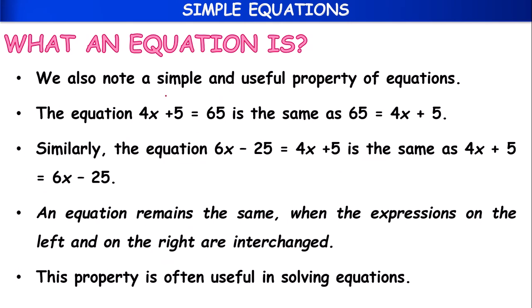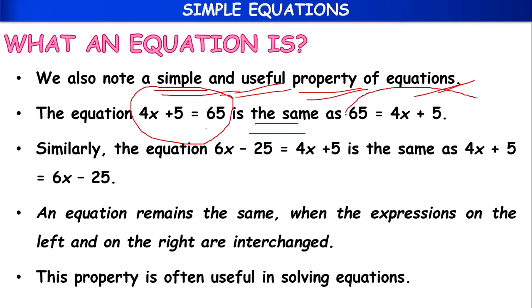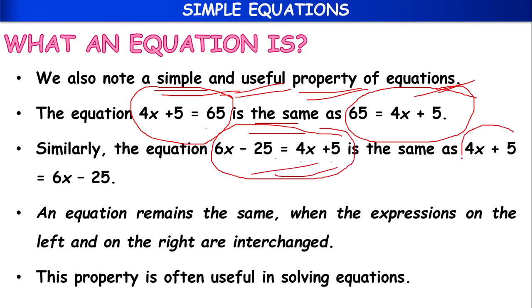So we will come across some simple and useful property of equations here. Suppose the equation 4x plus 5 equal to 65 is same as 65 equal to 4x plus 5, or 6x minus 25 equals to 4x plus 5 is same as 4x plus 5 equals to 6x minus 25.